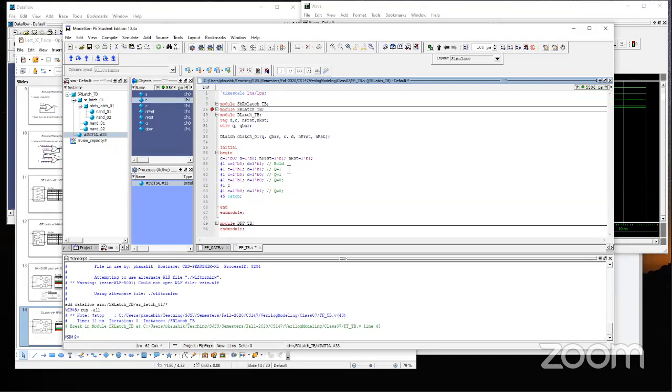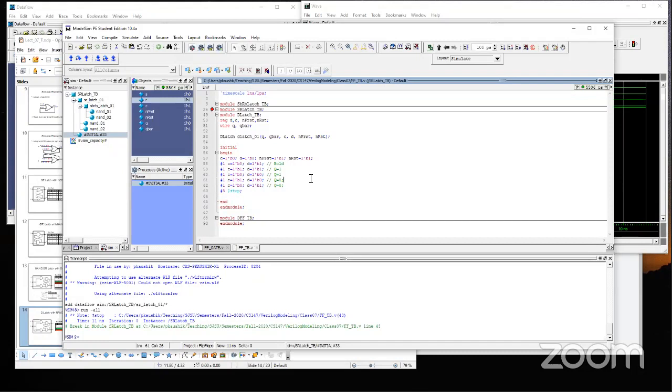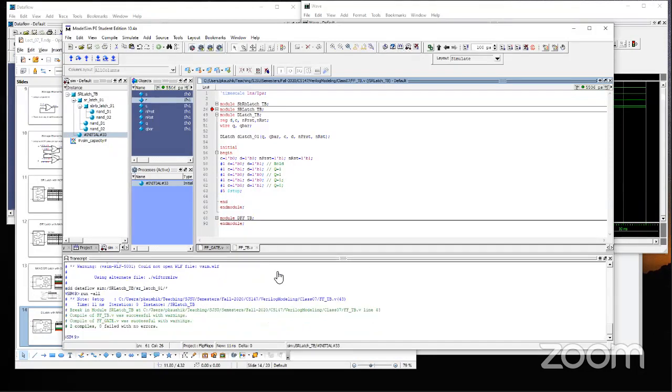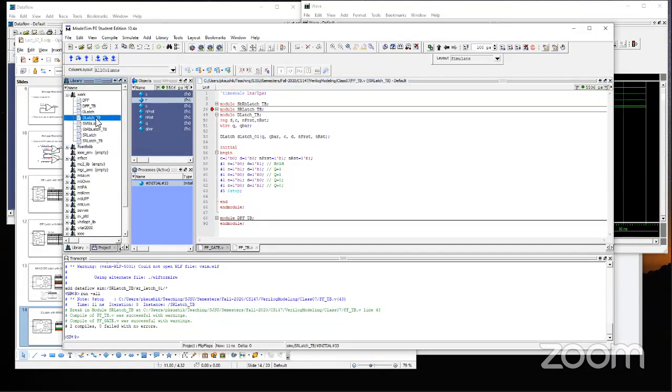And this one, 1, repeat 0, D equal to 1, repeat 1. And we expect Q to be, oh, that case is already there. Okay, let's insert that. Compile.